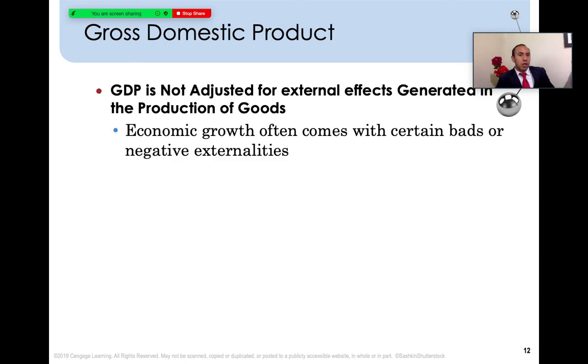Gross domestic product is not adjusted for external effects generated in the production process. So economic growth often comes with certain economic goods and certain economic bads. We have economic goods that are good, and we have economic bads or negative externalities that may actually be harmful to the economy or to society at large. When an economy grows, it produces more goods and services, measured by GDP.